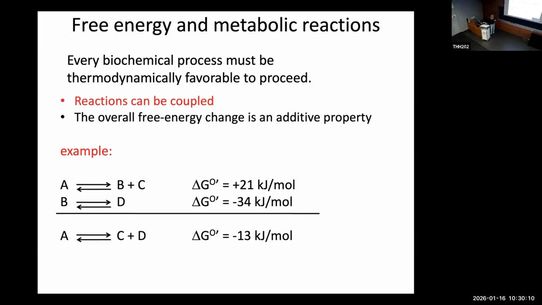So the reaction going from A to B plus C, that's unfavorable. That's endergonic. It would require energy. But if we are able to then couple the production of B to making D, that's quite favorable. And so if you can couple those two together, you can add them. And the entire net reaction is favorable.